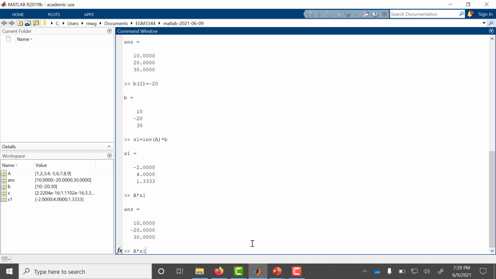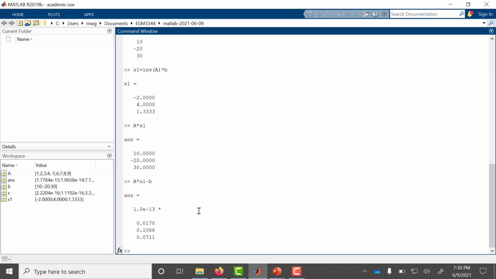And if I were to say, okay, minus B, I do see that minus 10 to the minus 13 times that little bit of a vector there. So interesting. As I was saying, it's kind of tough to say, okay, does A times that x1 actually equal B?